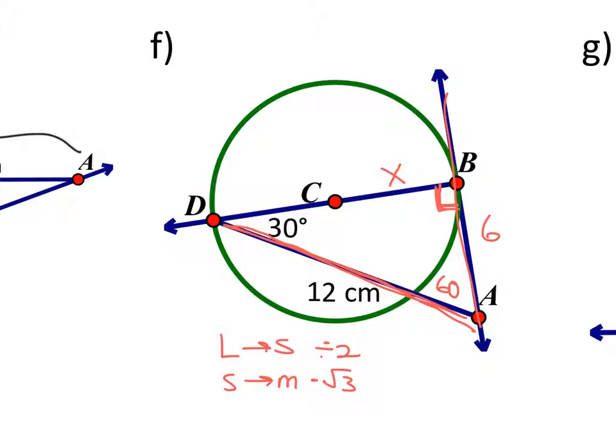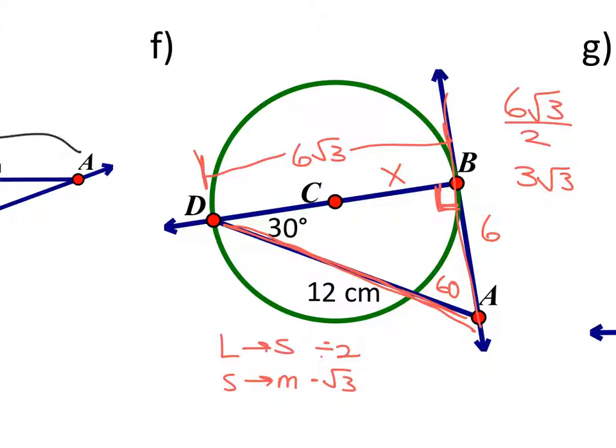So the whole diameter of the circle is 6 radical 3. So if that's the whole diameter, then the radius would be 6 radical 3 divided by 2, which is 3 radical 3. So that's the radius, 3 radical 3.